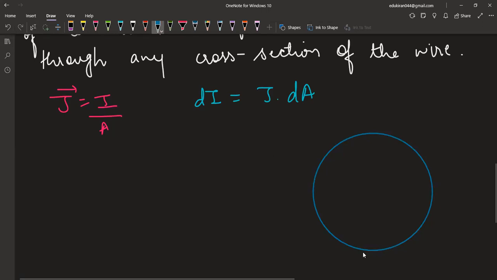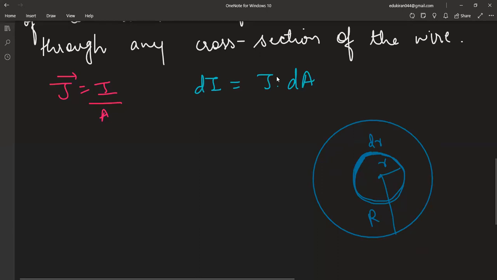This is the disk given to you. Now we have considered a very fine small disk, where the entire actual radius is capital R, and this fine radius which we have taken is dr. All right, now see, you have this formula.